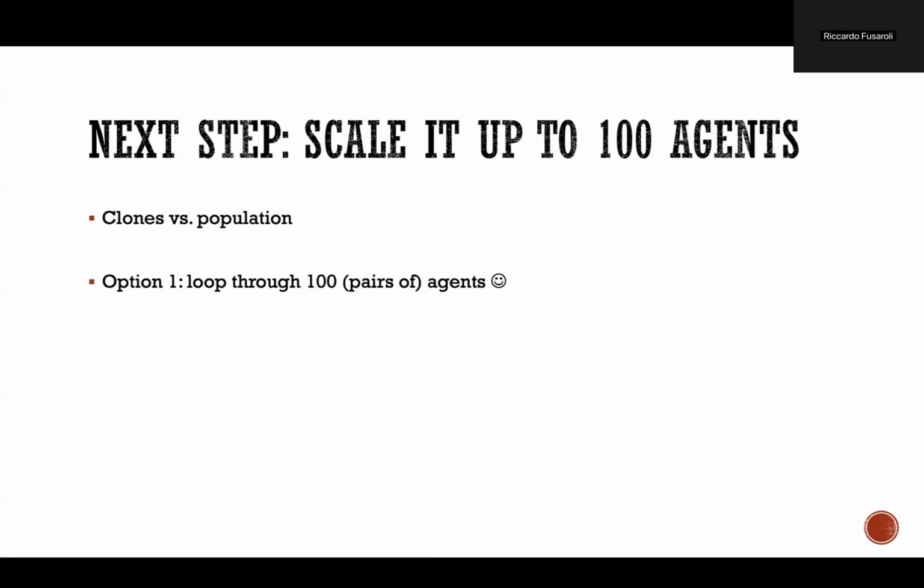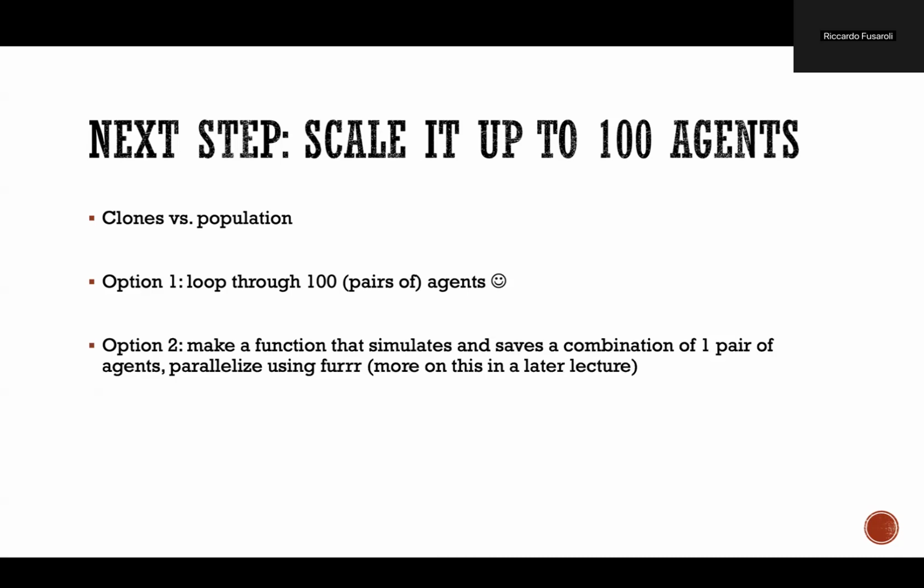Okay, we can loop through 100 pairs of agents, or we can make a function that simulates and saves one pair of agents and then parallelize the process. Have you gone through parallelization? I know that many of you will know it already, but have you gone formally through it? So your computer, even if you're not working on uCloud, has n processors. I don't know, mine has 12, I think.